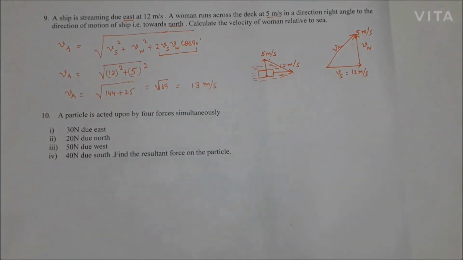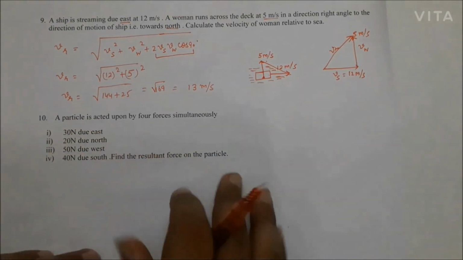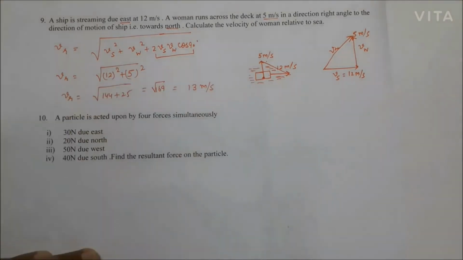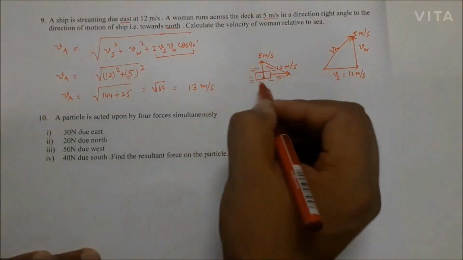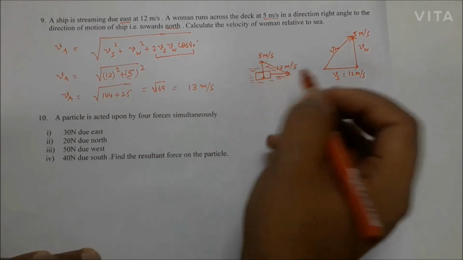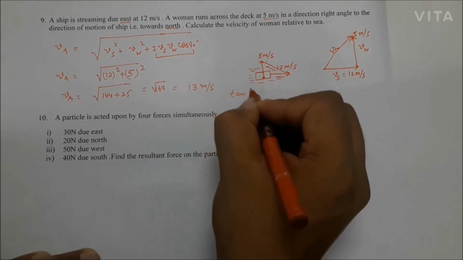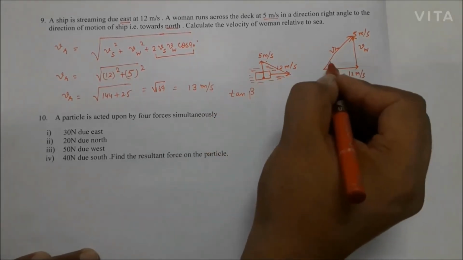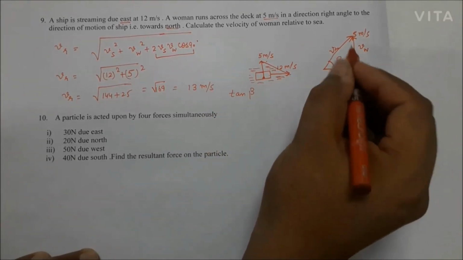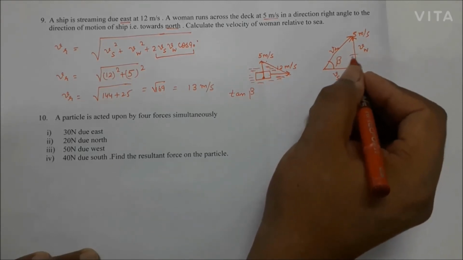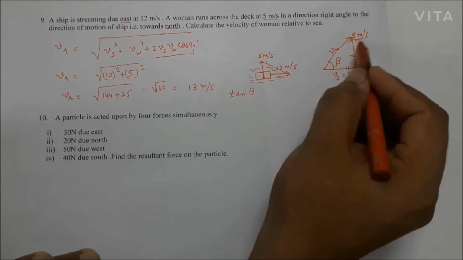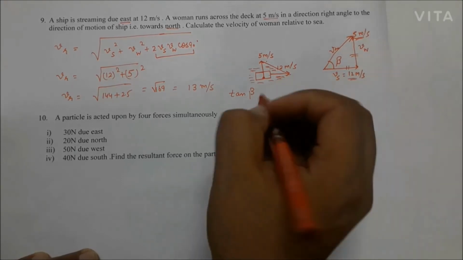Now you have to calculate the direction of this velocity vector. How will you calculate? See, what we have to do, we have to find out the velocity with respect to sea. The ship is in horizontal direction and the woman is in vertical direction. So you have to find out tan beta. Now this resultant is with respect to this beta, right? So now what is tan beta? It is perpendicular upon base. Now the perpendicular vector is 5 and the base vector is 12.